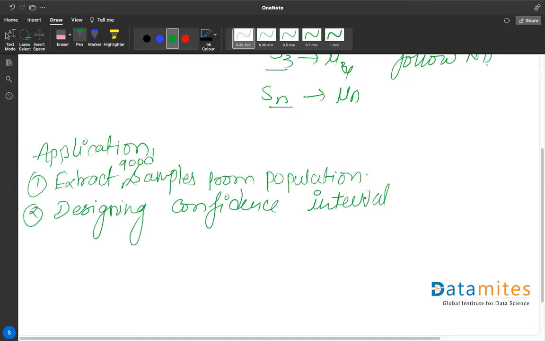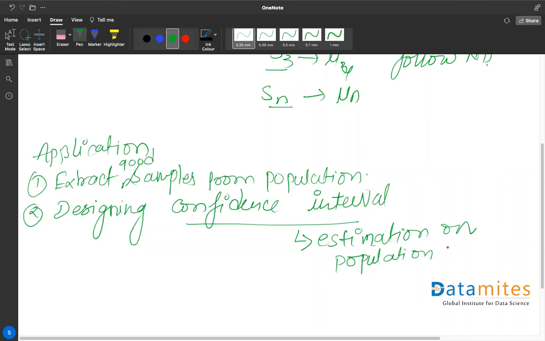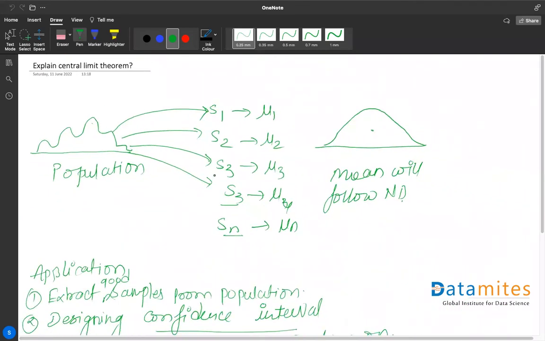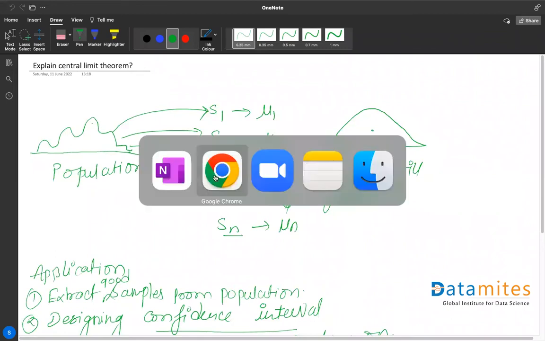Whenever we do sampling and want to estimate something about the population, instead of a point estimation we can use a confidence interval, in which we estimate the population in a range. For that we can use the central limit theorem. So these are the two applications which give more detail on the central limit theorem.